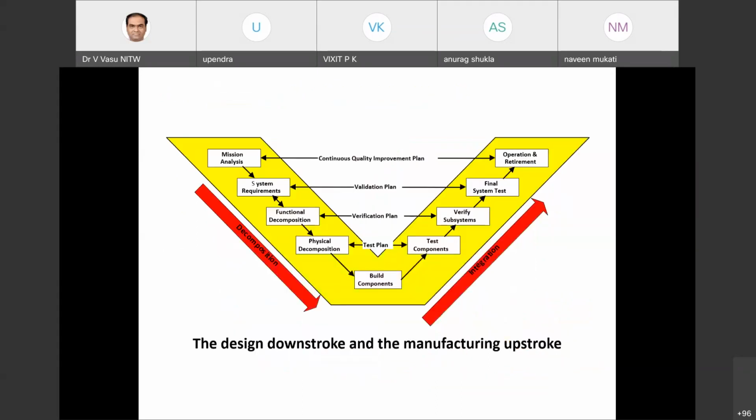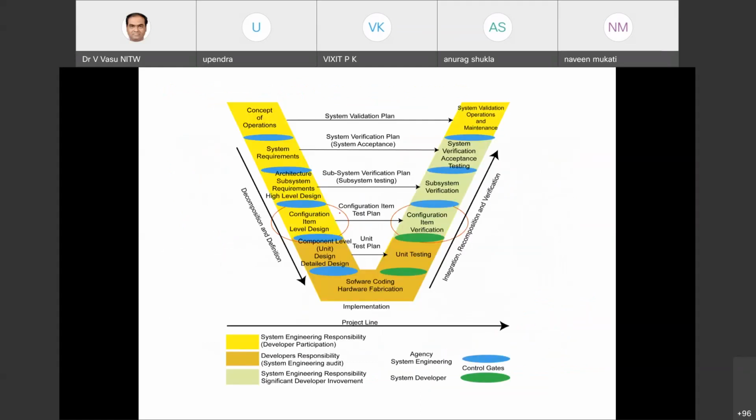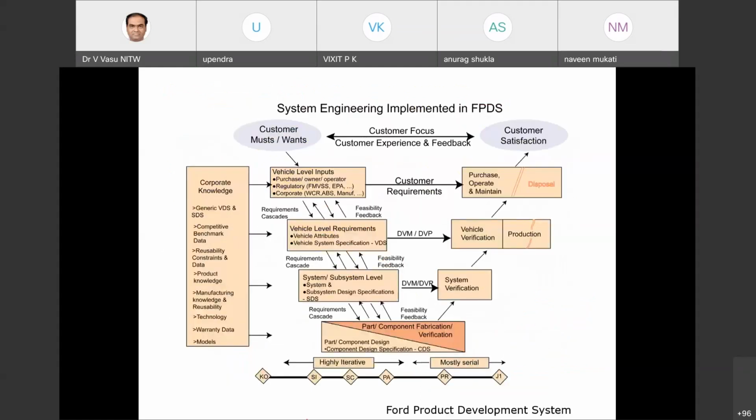This is one example where you can see how in Ford product car manufacturing you start from the customer requirements or vehicle inputs. From this the vehicle level requirements are considered, after that the subsystem level, and finally the integrated parts.